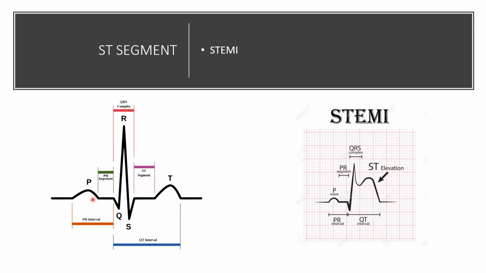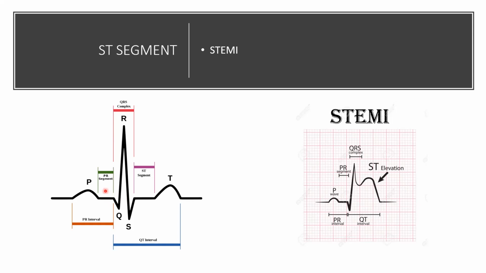Now, the PR interval is right here, but the PR segment is this distance from the end of the P to the beginning of the QRS complex. This is the baseline. And so what's the importance of the baseline? Well, the baseline establishes the 0 point or the originating point for all waveforms. Okay?